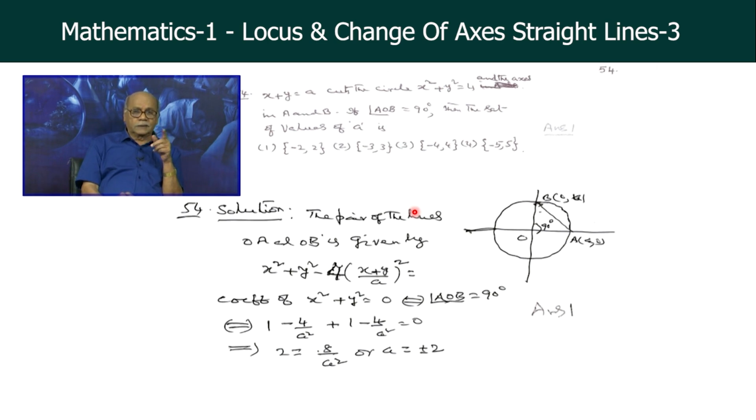By homogenizing the curve equation with the straight line equation, you will get the combined equation of the pair of lines joining the points A and B with the origin.